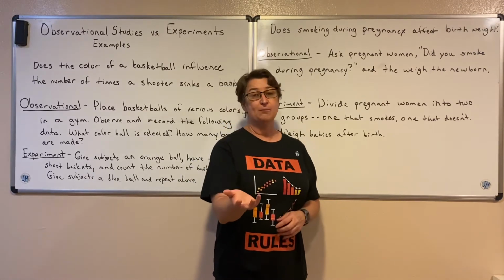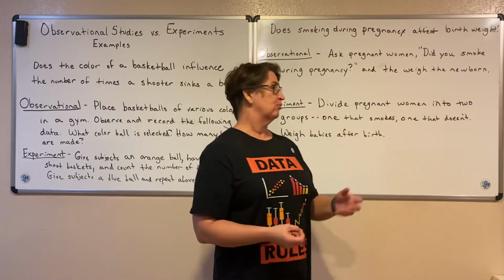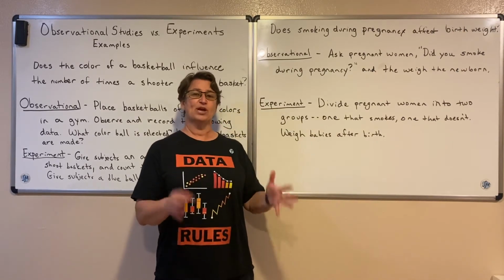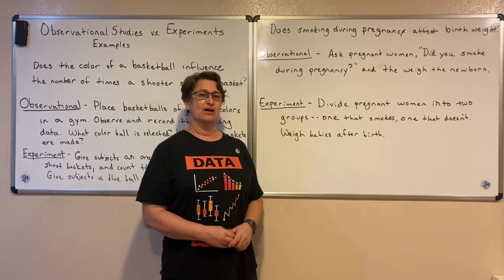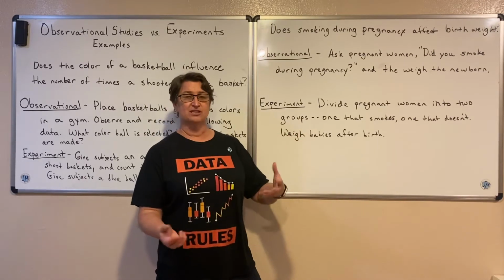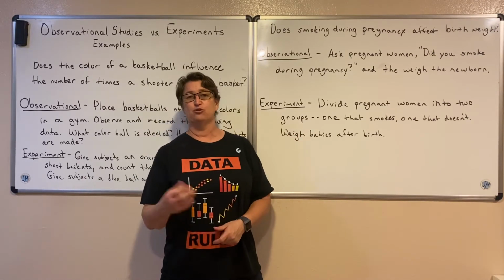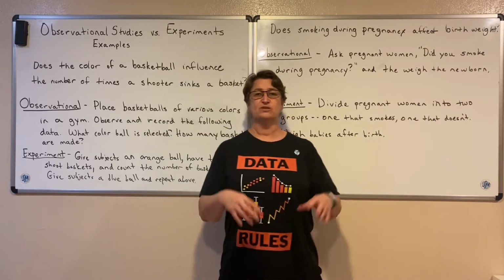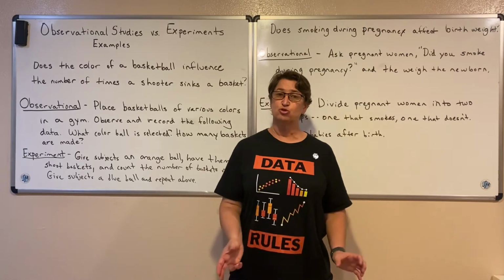So to help eliminate those outside variables, it would be best to perform an experiment. An experiment is just more rigorous. It eliminates those outside variables. So instead of just asking the pregnant women, do you smoke, and weighing the baby, for an experiment, what you'd have to do is take the women and divide them into two groups.